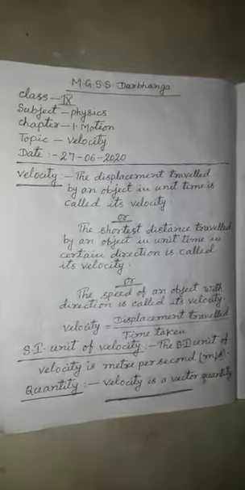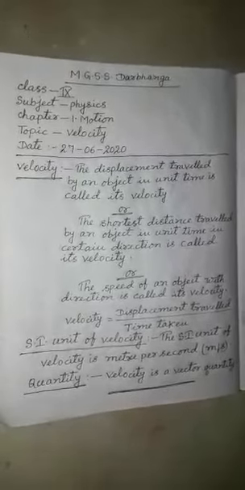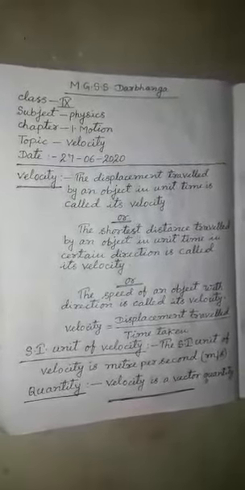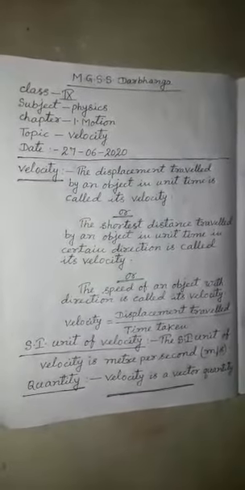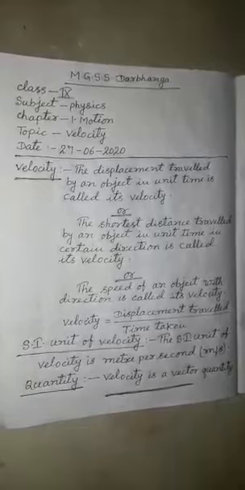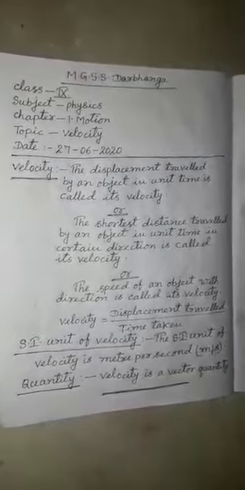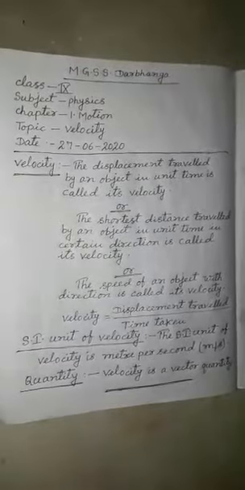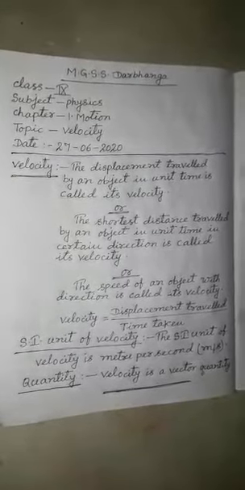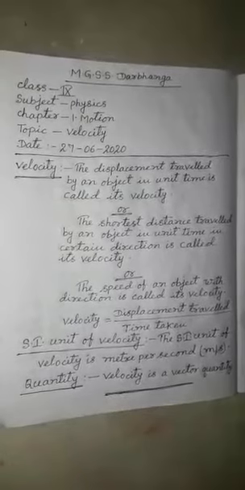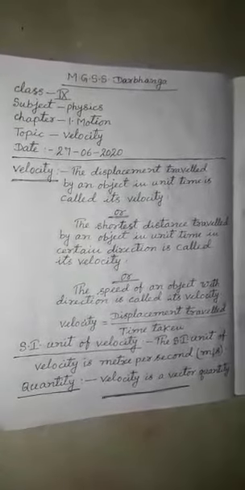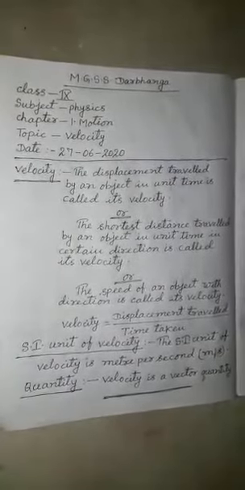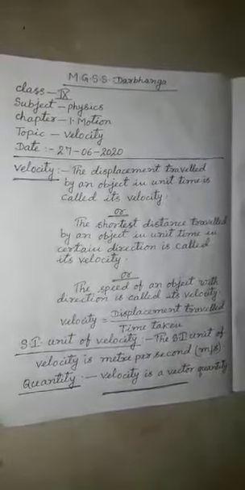Now, quantity. Dear students, physical quantities are divided in two parts. One is scalar quantity, another is vector quantity. What type of quantity the velocity is? Since velocity depends on direction, velocity is equal to speed plus direction.